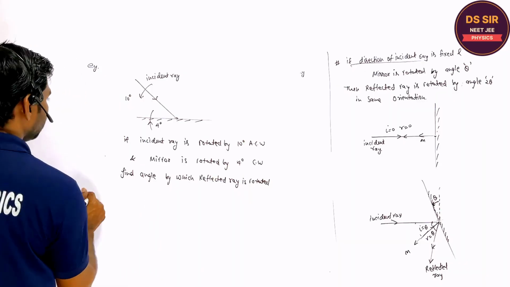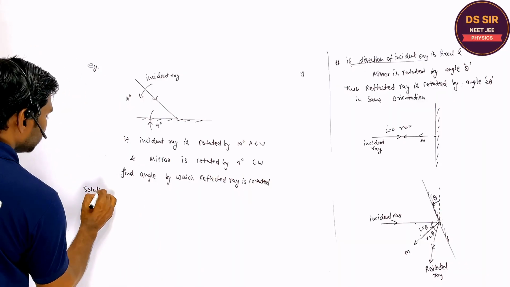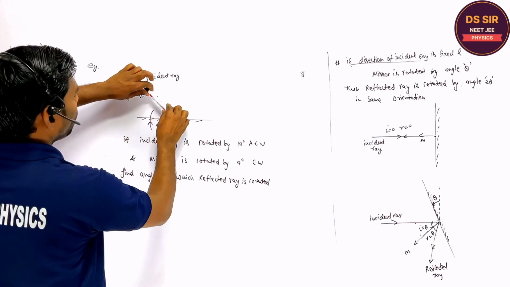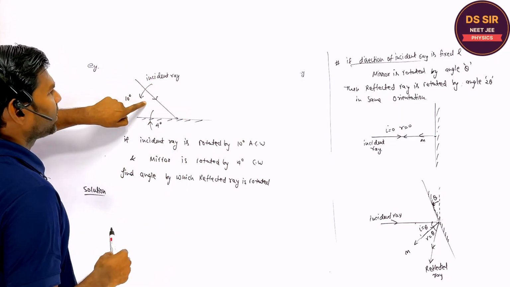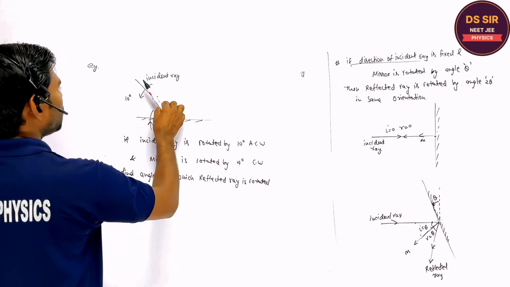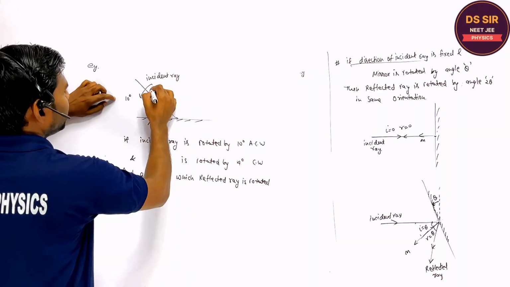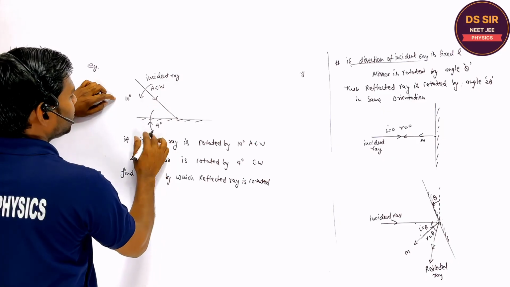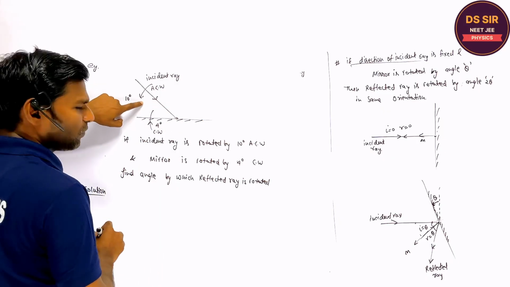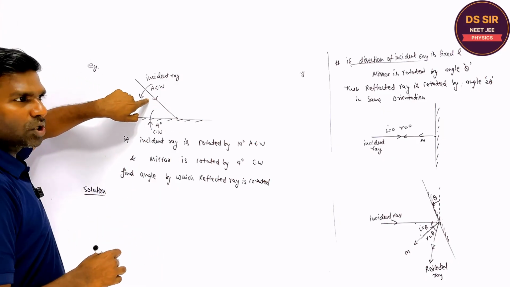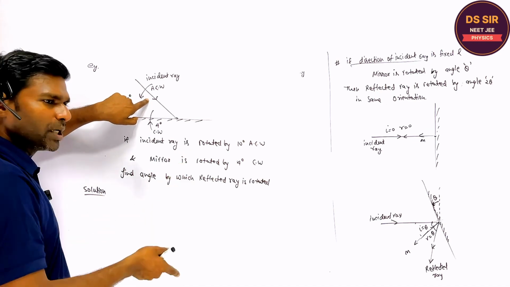So how to solve? Listen one thing. The effect of the rotation of the incident ray: it is rotating anti-clockwise, so the effect on the reflected ray is clockwise, just opposite.